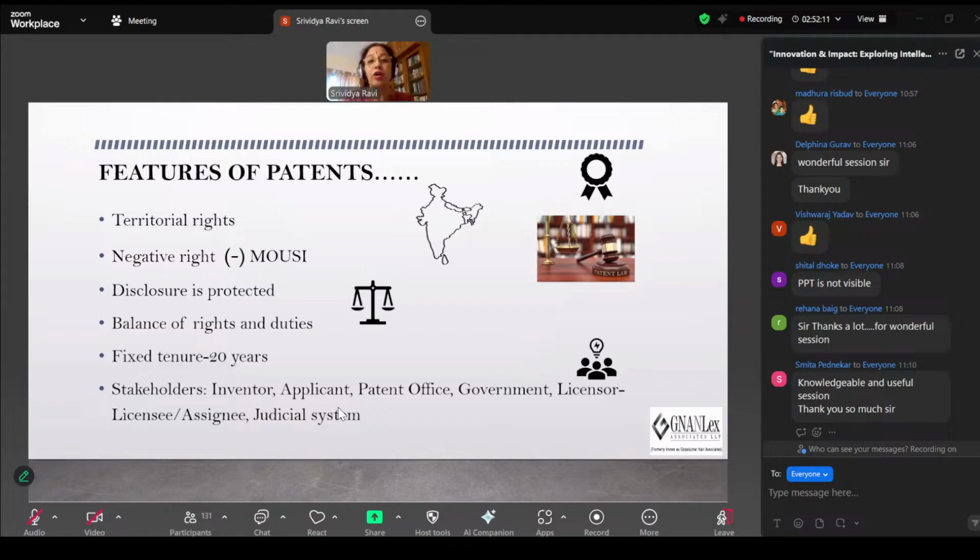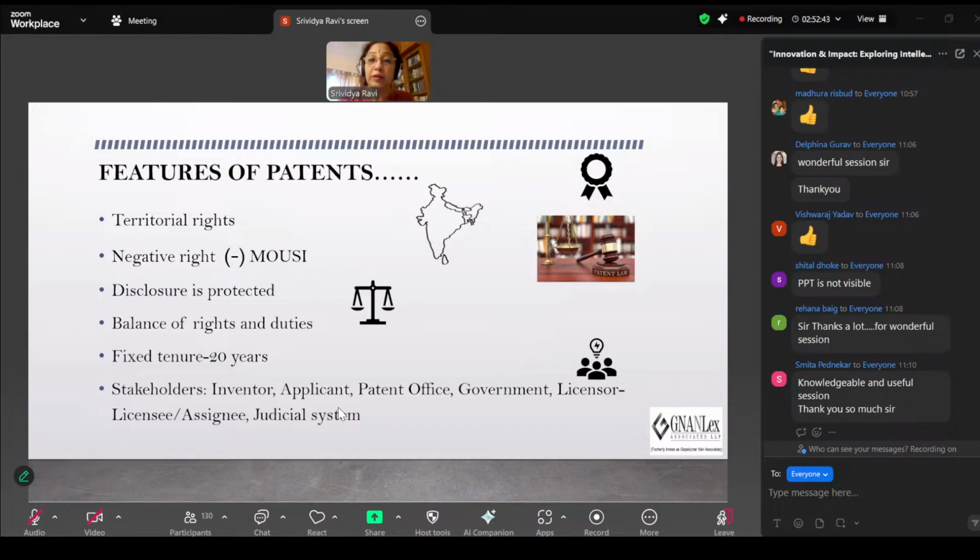So in short, a patent is a disclosure of the invention. Like a publication, a patent is also a disclosure. What you disclose, you can seek protection only for that. You cannot go beyond what you have disclosed. Therefore, remember, if you want to maintain something as a secret, if you don't want it to go into the public domain, you don't want anybody to read about your invention and practice it, then you should maintain it as confidential information.